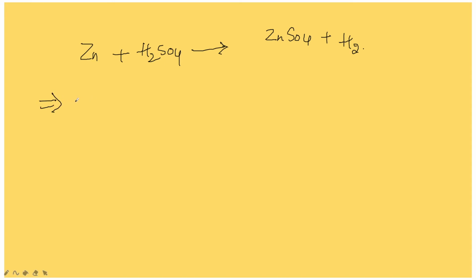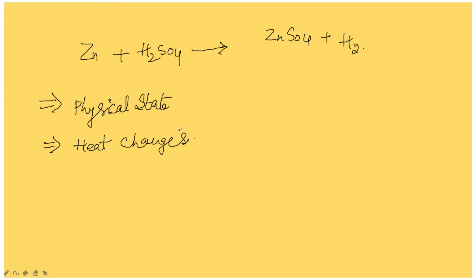What are they? First, indicate the physical state of the reactants and the products. Next, indicate the heat changes taking place in the reaction. Yesterday we read that one characteristic feature is generation of heat, so indicating whether a heat change takes place also gives complete information about the equation.